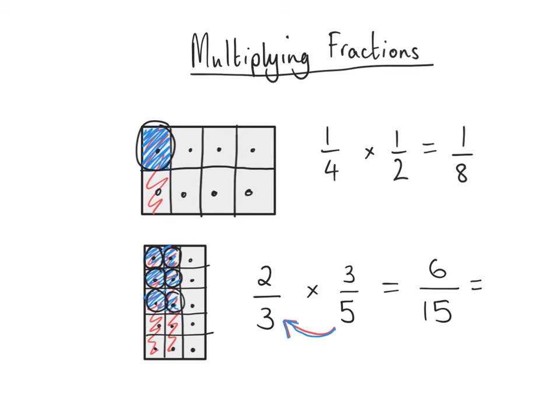What can I divide 6 and 15 by? I can divide them both by 3 to simplify my answer. That'd be 2/5. So 2/3 of 3/5, or 3/5 of 2/3, you can say it either way around, is 2/5.